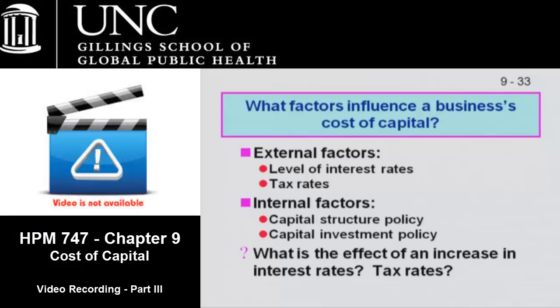Okay, let's reverse that. If I'm an investor thinking of buying some UNC bonds, and the government increases my taxes, will that make me more or less likely to buy tax-exempt UNC bonds? More likely. Why? Because if you buy for-profit, you will be paying taxes.